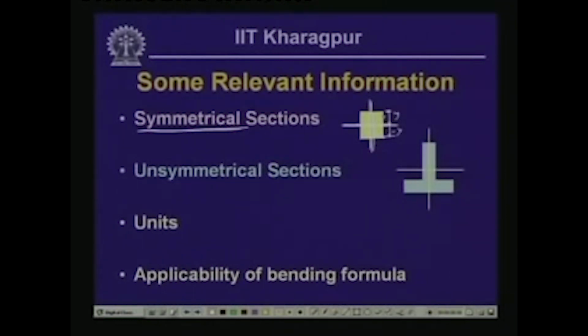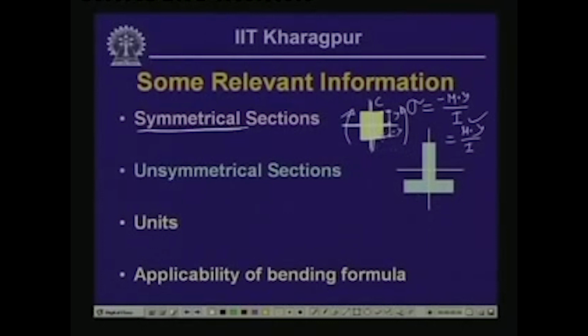So, the stress which we will get at the top for the symmetrical ones, sigma, is equal to minus M times y by I, which, with M positive, gives a negative stress, which is compressive at the top. Now, if we have y as negative at the bottom, then this is equal to M y by I, and this is a positive quantity, which is tensile at the bottom.